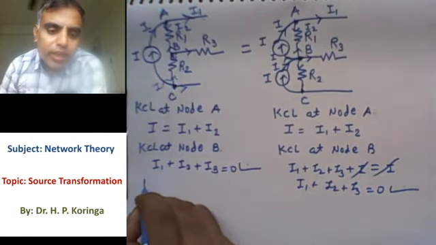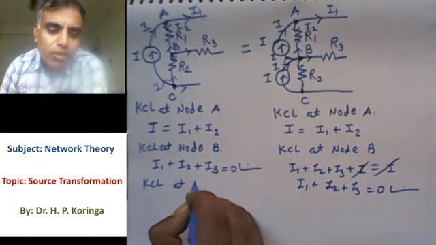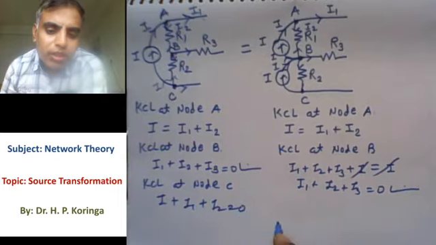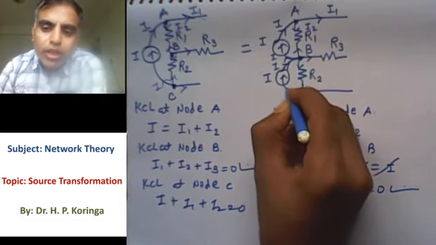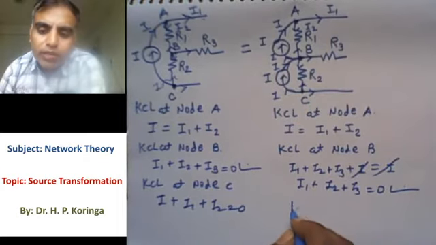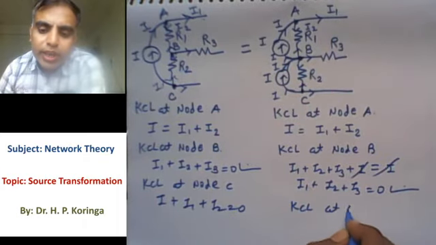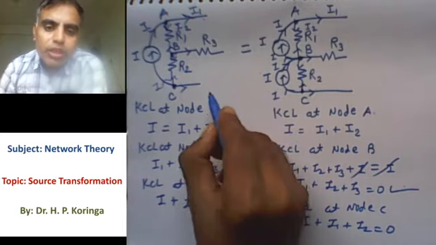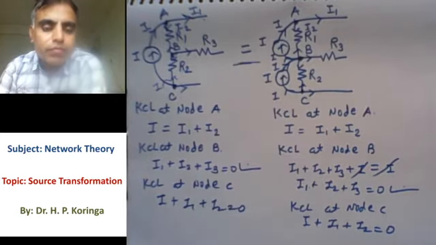So KCL at node C: I plus I1 plus I2, three currents outgoing, is equal to 0. Here also the three currents I1, I2, I3 are outgoing. So KCL at node C gives the same equation. So both networks are equivalent, right?